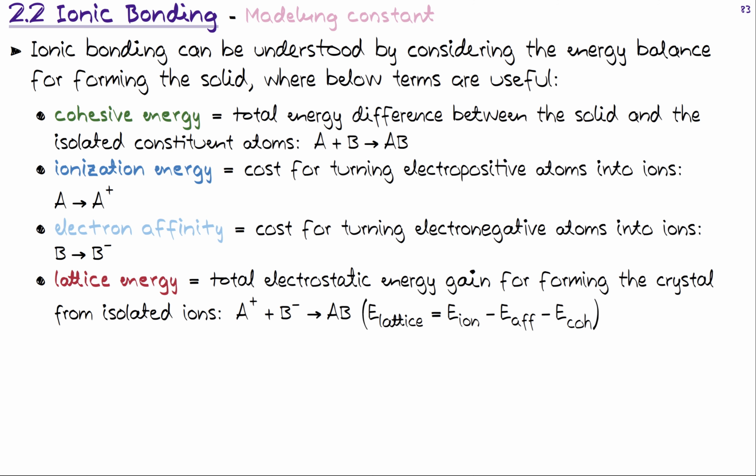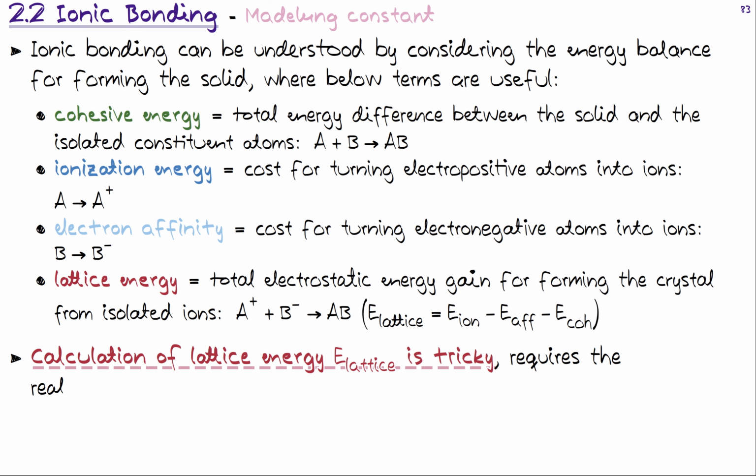In practice, calculation of this lattice energy is often tricky, and we need to know the real experimental interatomic distance a. As you recall, in the Madelung constant calculation we do have the interatomic distance, and if we do not know that, then we're bluntly put screwed, because we cannot finish the electrostatic calculation.